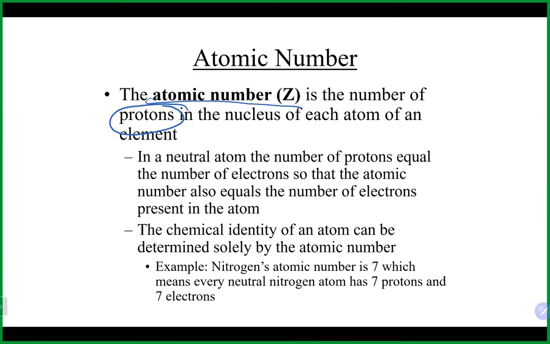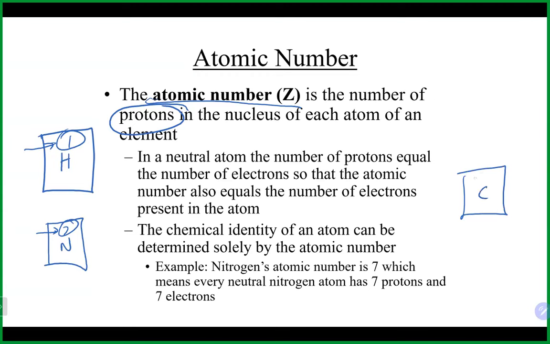So the atomic number, if we go to the periodic table, is up on top of the symbol, that number that's up there. So for hydrogen, we see 1. For nitrogen, as we see there, it is 7. And for carbon, it is 6.